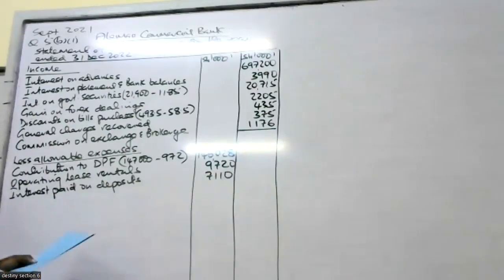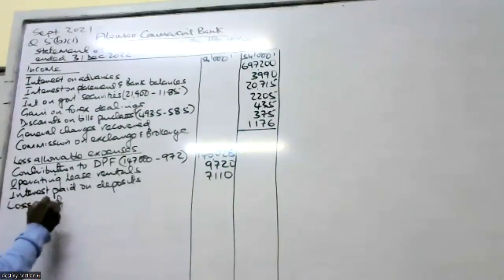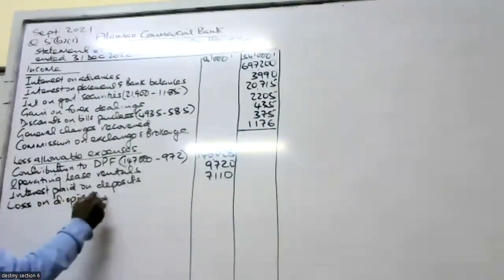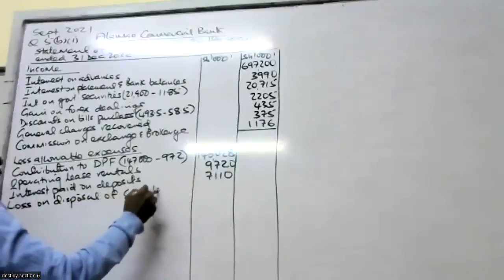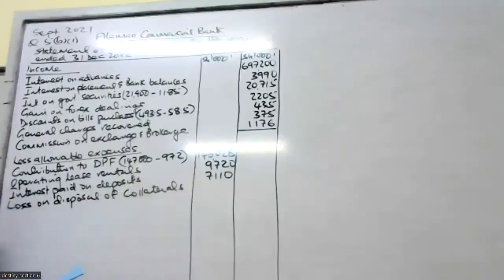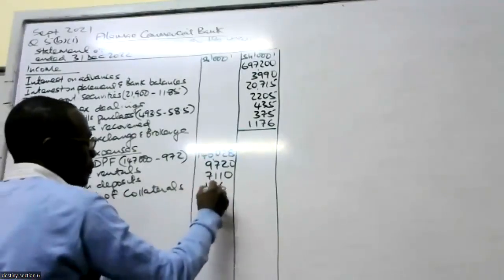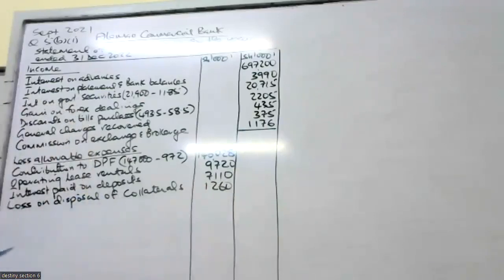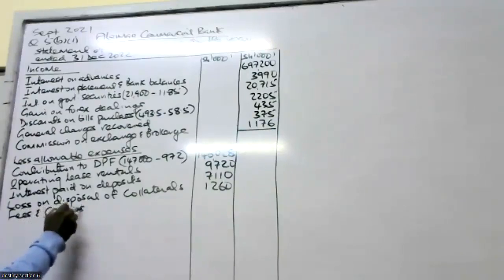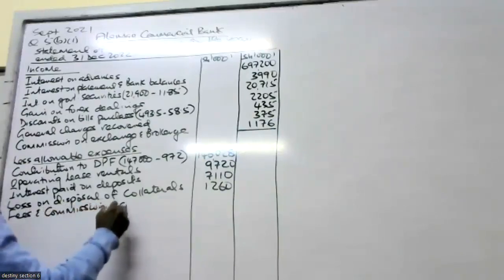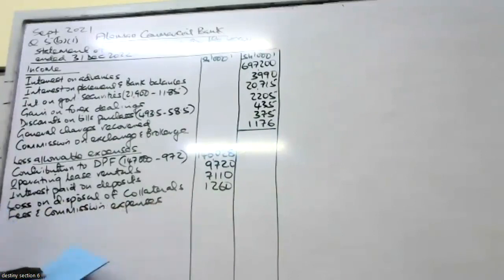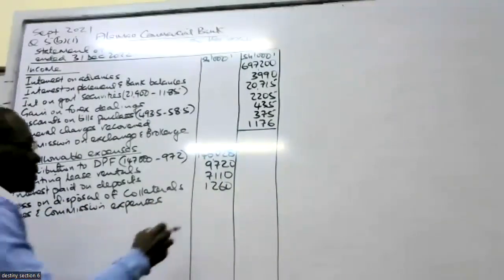Loss on disposal of collaterals. So loss on disposal of collaterals is 1260. Loss on disposal of collateral, fees and commission expenses. Fees and commission expenses is 21,000.